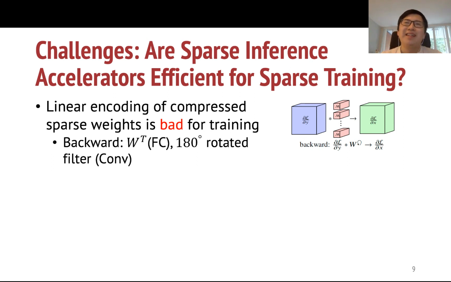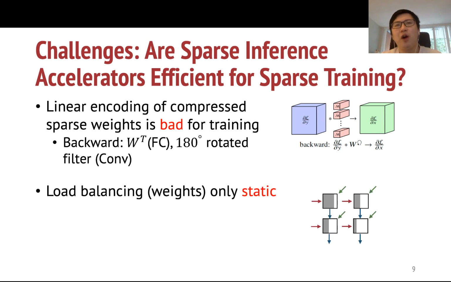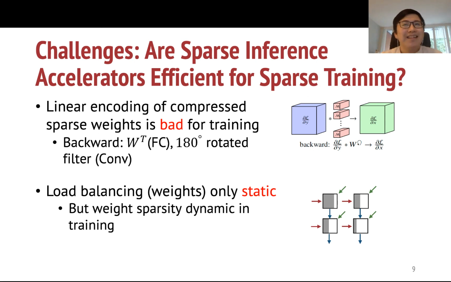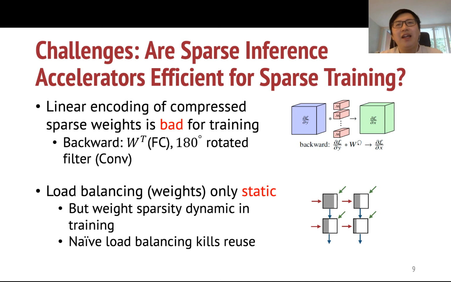Meanwhile, sparse inference accelerators either do not perform load balancing or only take advantage of the static nature of the weights in inference and perform software pre-processing. This does not apply to sparse training because weight sparsity is dynamic. In addition, naive load balancing destroys spatial reuse and requires a complex interconnect to recover. Later, we will talk about how to perform load balancing without compromising reuse.